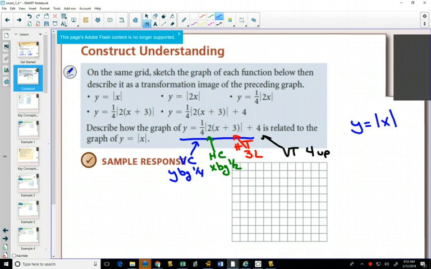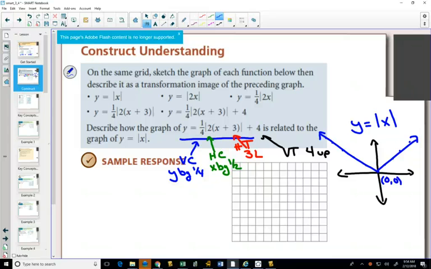And I can draw a quick sketch of it off to the side. It's got 0, 0. Some other points on here, maybe I label 4, 4, -1, -1. I have lots of points that I could label on there.